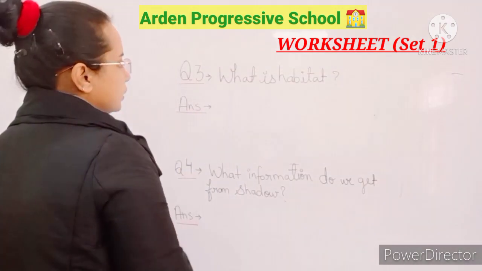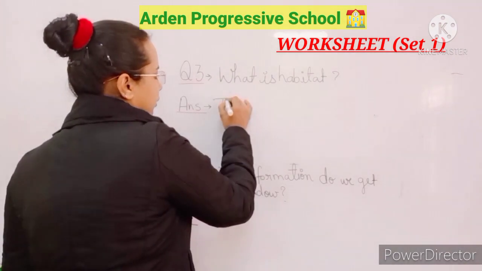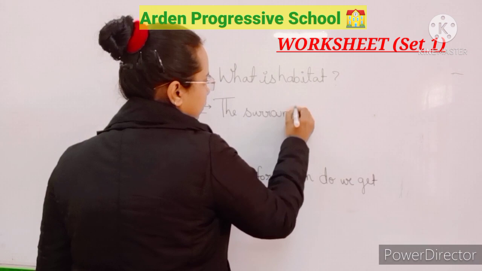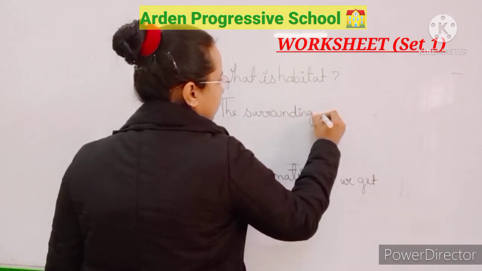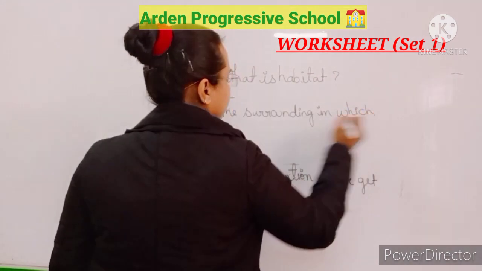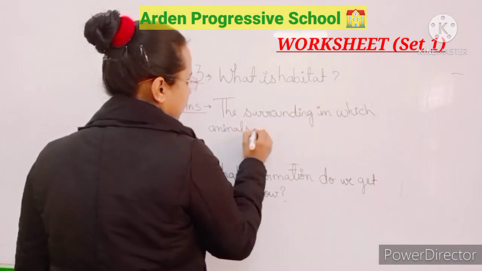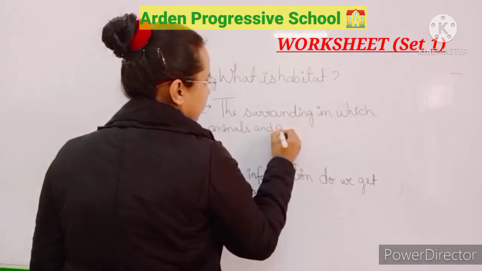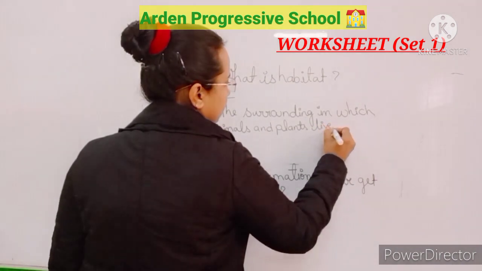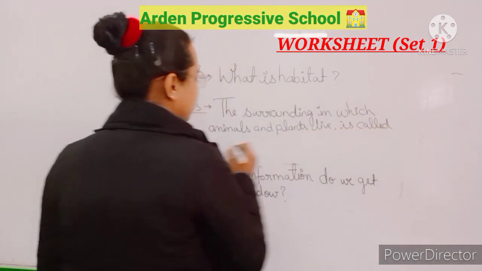Your third question is, what is habitat? It is the surrounding in which animals and plants live is called habitat.